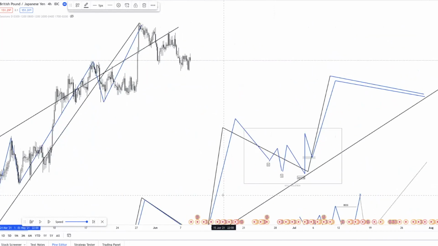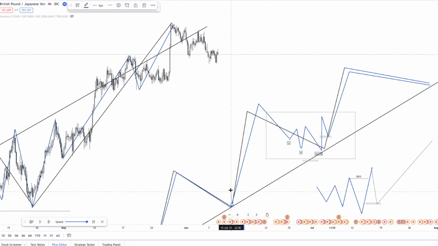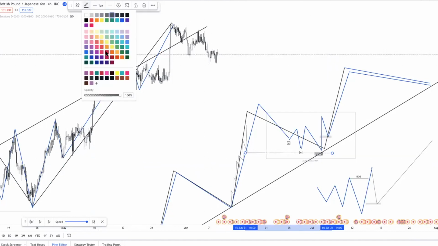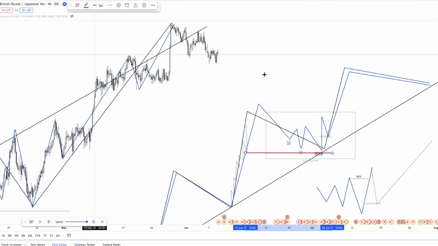So same thing over here. We use this, or let's say this, to stop loss this entry for this accumulation. Does this make sense for everyone when it comes to structure and different time frames?